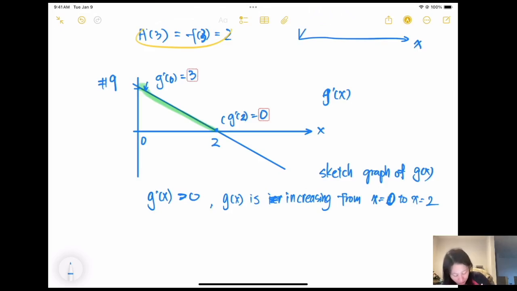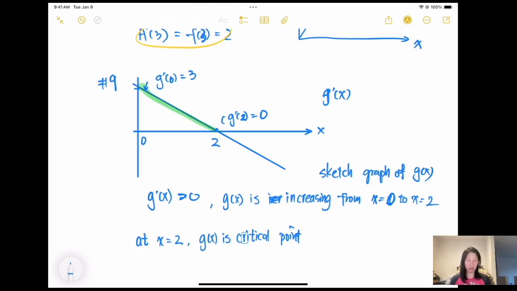So that means at x equals 2, we have a critical point. We don't know if it's the maximum or minimum yet.